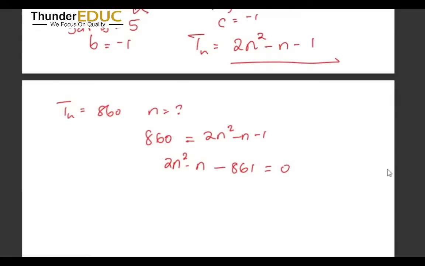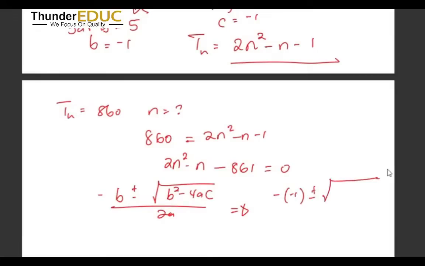Then we can use our quadratic formula, negative b plus or minus the square root of b squared minus 4ac over 2a. When I do my substitution, negative of -1, that is square root of -1 squared minus 4, our a is a 2, our c is -861, divided by 2 times 2.